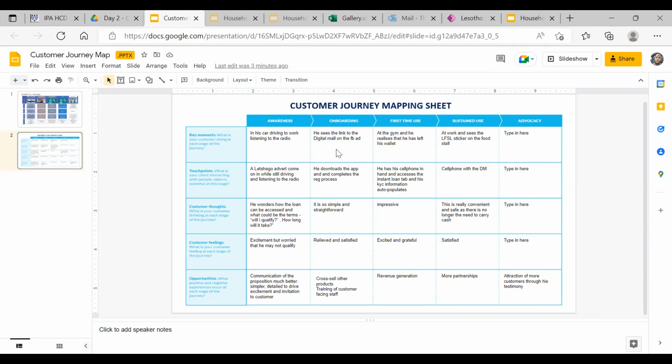Given that they may have accessed the digital mall for the purposes of availing of one product, instant loan or mobile loan, as they go into the digital mall, they realize there are more products on offer from Letshego.